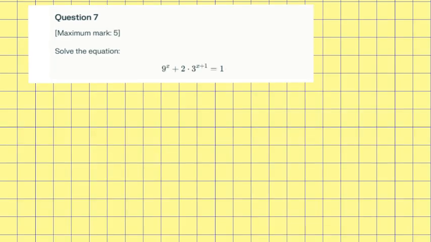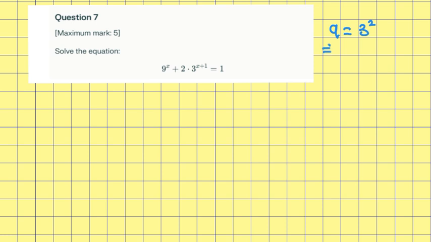Question 7. Solve the equation 9 to the power of x plus 2 times 3 to the power of x plus 1 equals 1. Whenever you see an expression like this, you immediately think of quadratics. I've got to make it into a quadratic. So 9 is equal to 3 squared.